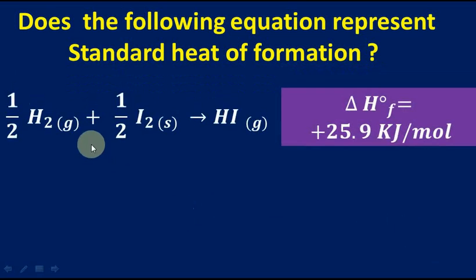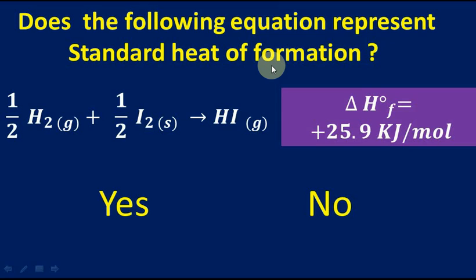Half H2 plus half I2 gives 1 mole of HI, and delta H here is positive 25.9 kilojoule per mole. Is this standard heat of formation or not?